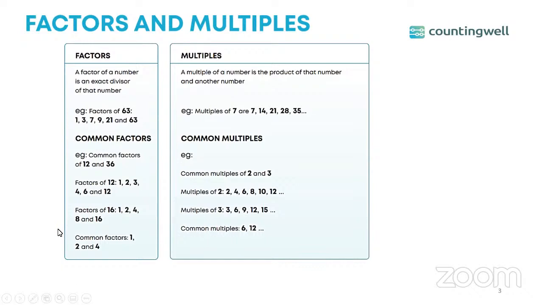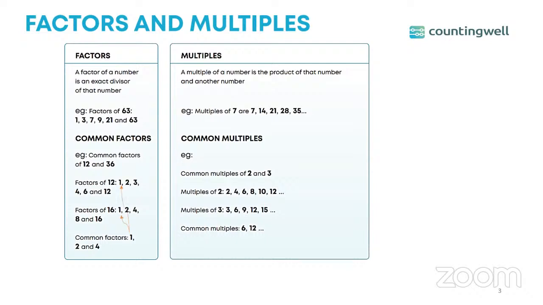Let us see one more example to find the common factors of 12 and 36. Here we have given two numbers, 12 and 36. Let us see the factors of 12. They are 1, 2, 3, 4, 6 and 12. Factors of 36 are 1, 2, 3, 4, 6, 9, 12, 18 and 36. Let us see what are the common factors for these two numbers.